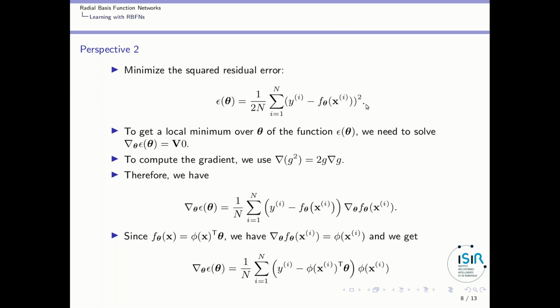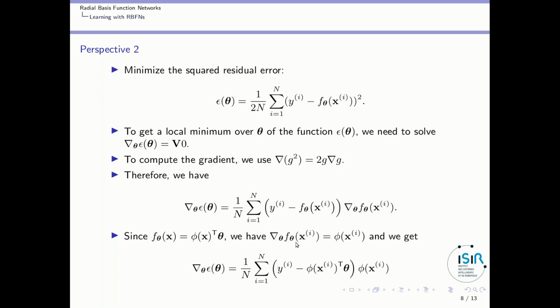Then I want to get a local minimum of this error, so I want to minimize its gradient. To compute the gradient, I will use this standard formula. Because here I have something squared, the gradient of the squared function is twice the function times the gradient. So if I apply it here, I have this. And since f theta is a vector of numbers, that's my theta vector, that's my Gaussian function times a vector.